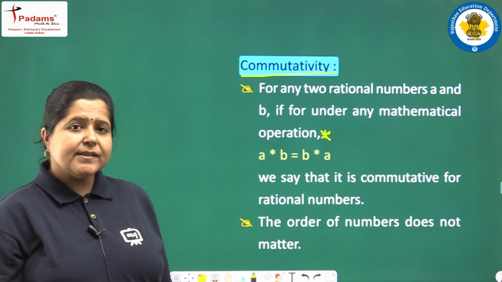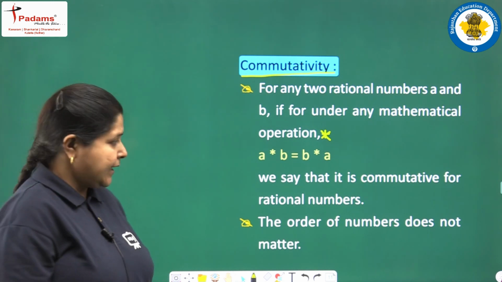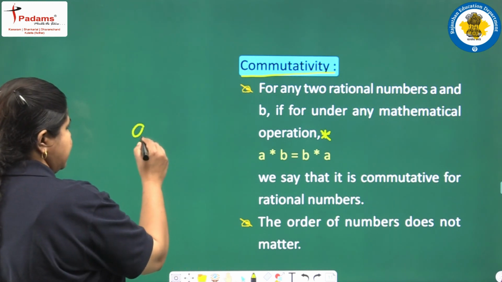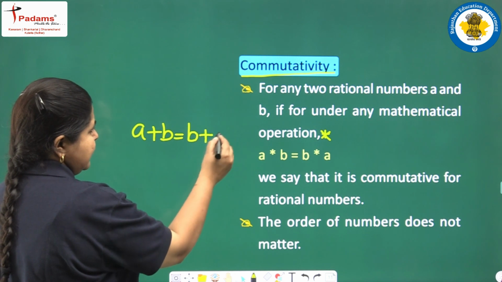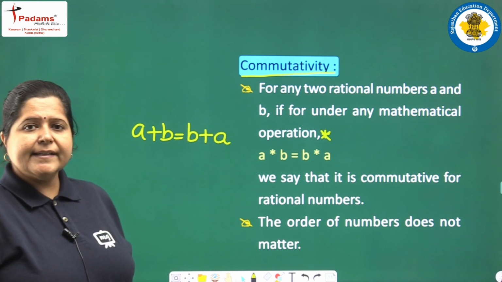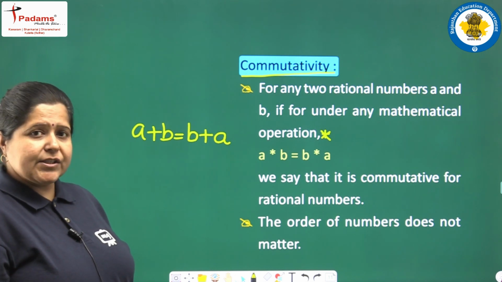Now these operations are either plus, minus, multiply or divide. If we get the result a plus b equal to b plus a, then we say that it is commutative, or addition is commutative for rational numbers.